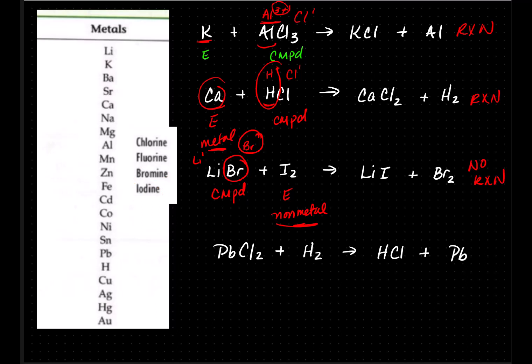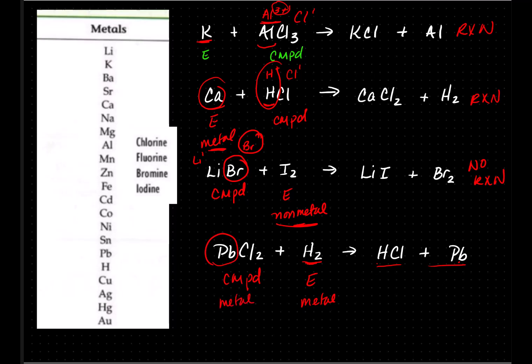Lead 2 chloride plus hydrogen. Lead 2 chloride here is a compound. Hydrogen here is an element. Hydrogen is also a diatomic. Here, hydrogen will behave like a metal, because if I look at my products, the hydrogen and the lead change position. So it's going to replace lead, which is the metal here.